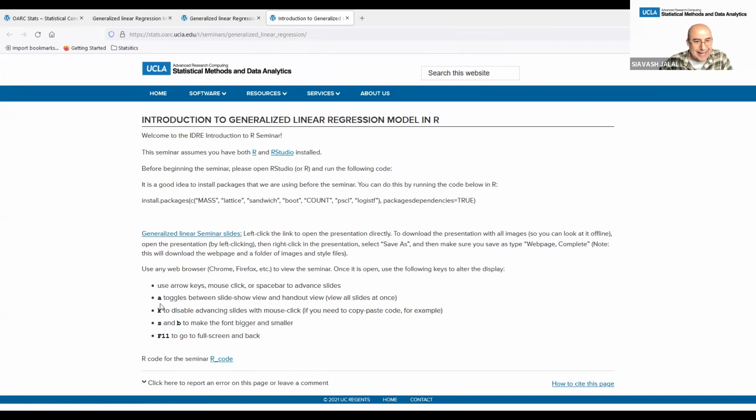You can use A to toggle between a slideshow and handout view, which is just all the slides in one handout. You can use K to disable advancing a slide with the mouse click, S and B to make the font bigger and smaller, and F11 to go to full screen and back. Okay, so the R code for the seminar is here.